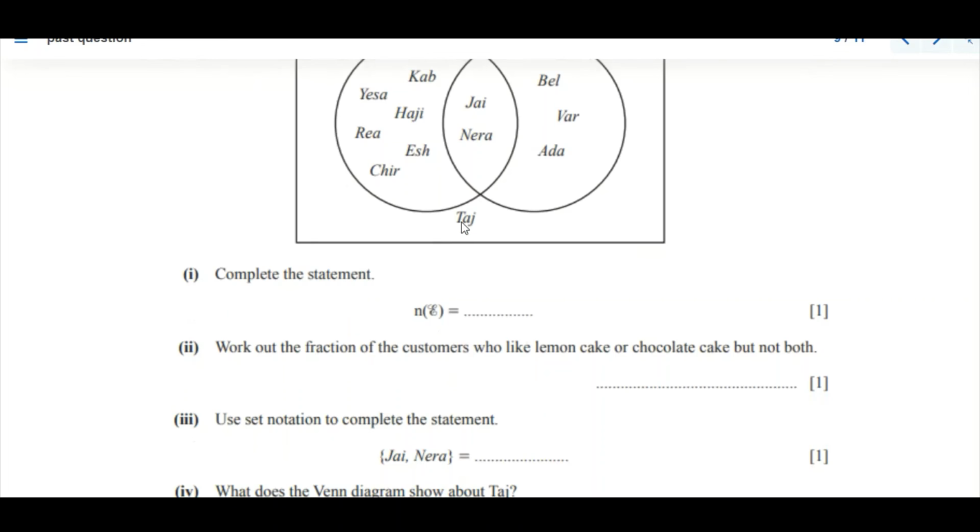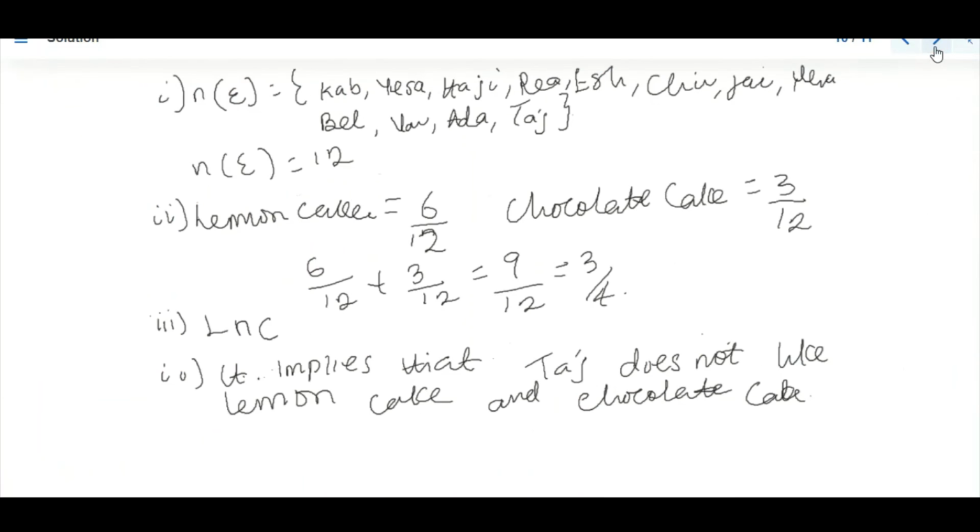This one is telling us that Taj does not like any of these varieties of cake. So Taj is actually sitting on a fence. The next slide is showing us the solutions to what I've explained earlier, and this is taking us to the end of the class.